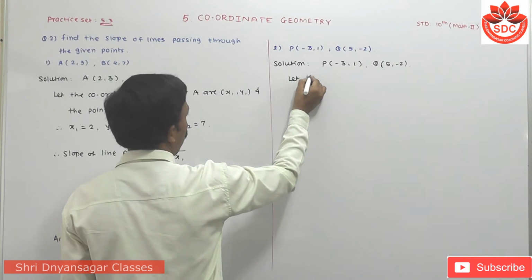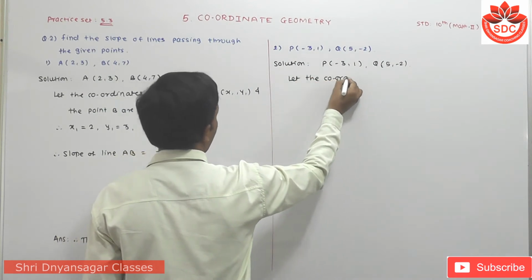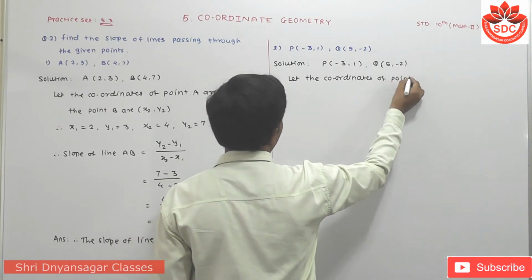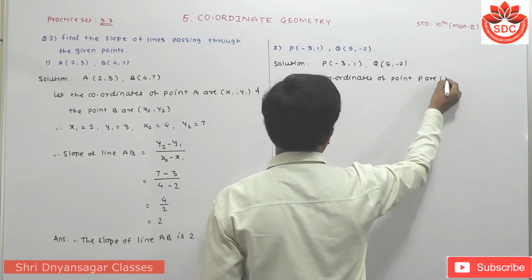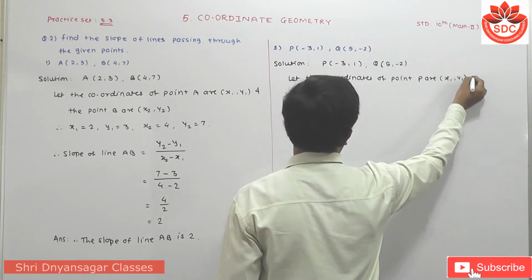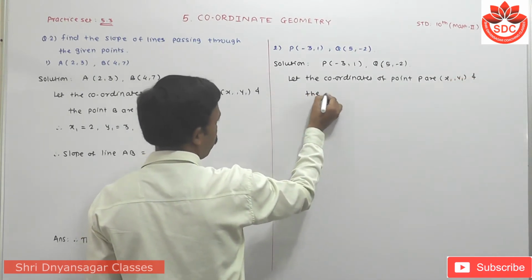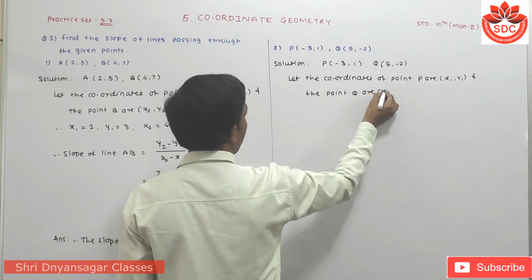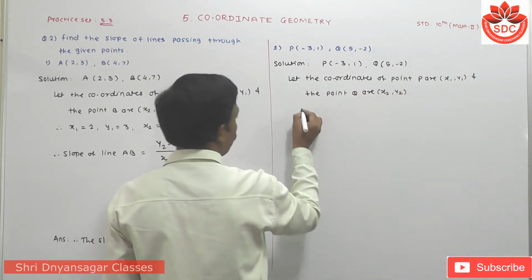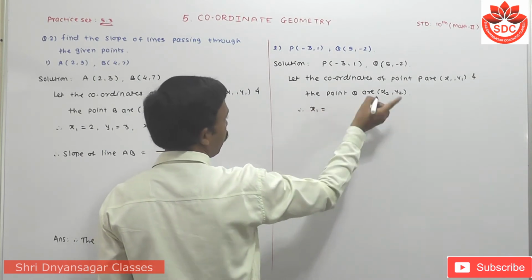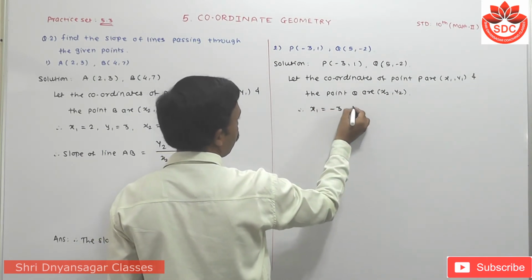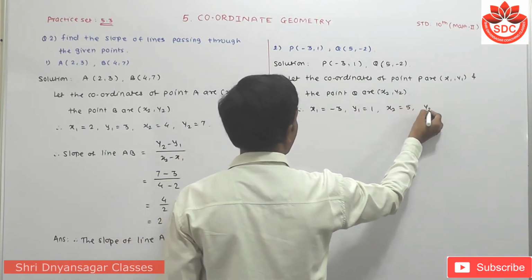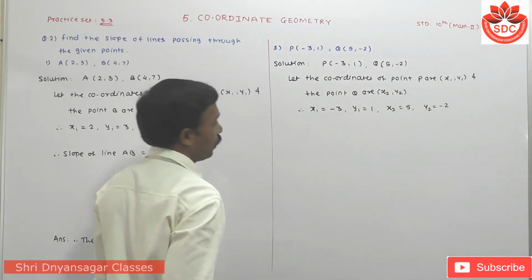Let the coordinates of point P be x1, y1 and the point Q be x2, y2. Therefore, by comparing, x1 is equal to minus 3, y1 is equal to 1, x2 is 5 and y2 is equal to minus 2.